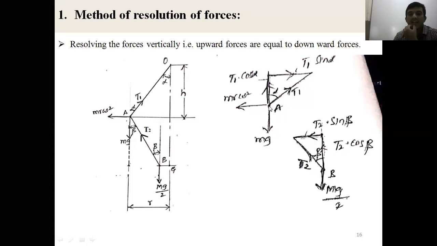These are the three forces acting at point A. Now, the inclination of the upper arm with respect to the governor shaft axis is alpha. This angle is alpha. What about this one also? Alpha, right?